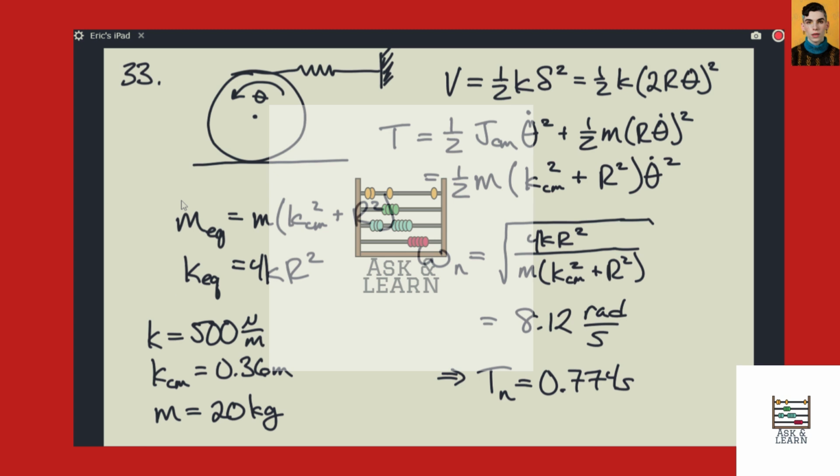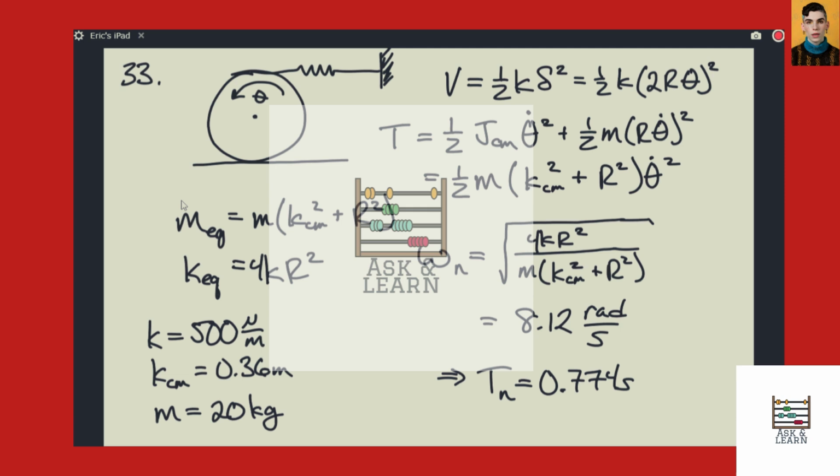So what we can do is look at our equivalent stiffness, and we can see that that's just this term here, so that's 4kr squared. And then our equivalent mass is this term here.